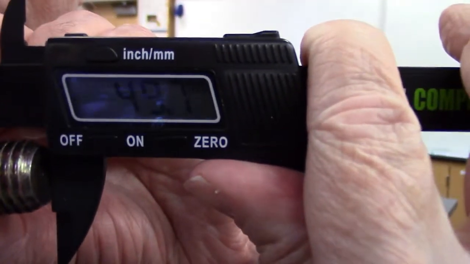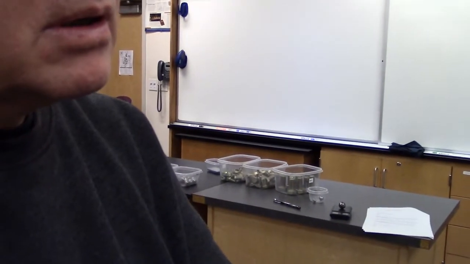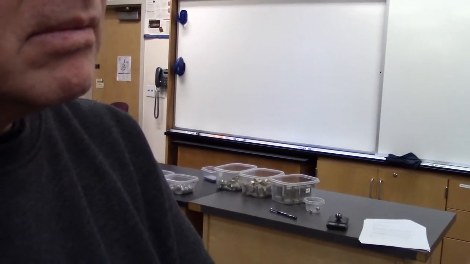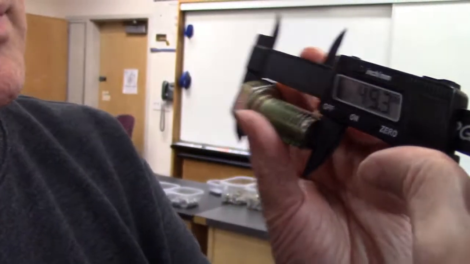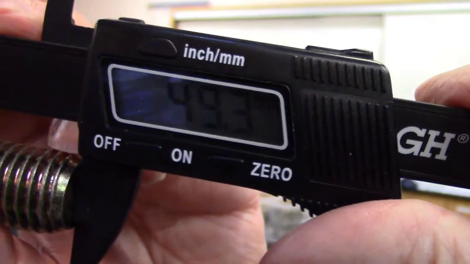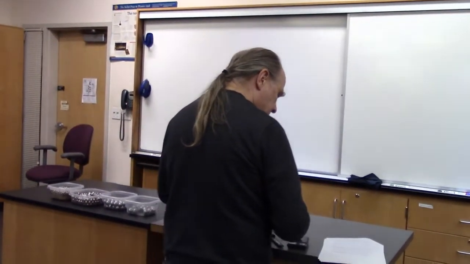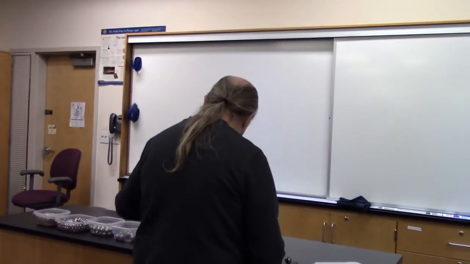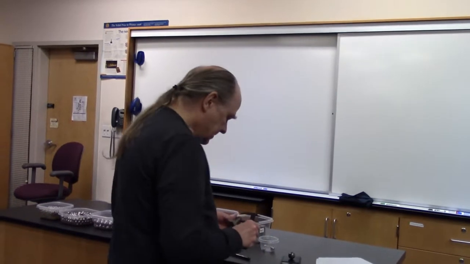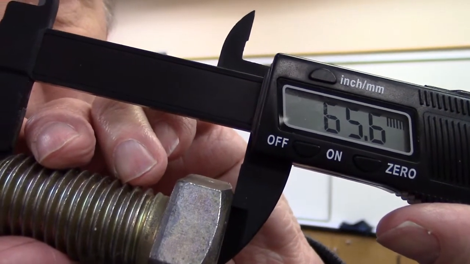I have, let's see, 49.1. Is that what it was? No, wait a minute. Hold on, what's going on here? Yes, 49.1 I think is what, actually, 49.3 is what I'm seeing now. I think that's what I'm going to put. Okay, 49.3. And then finally, 65.6.